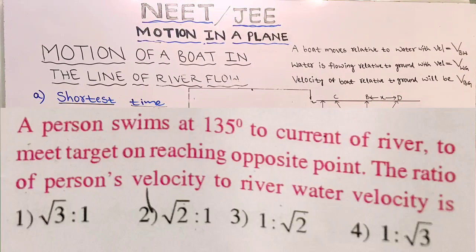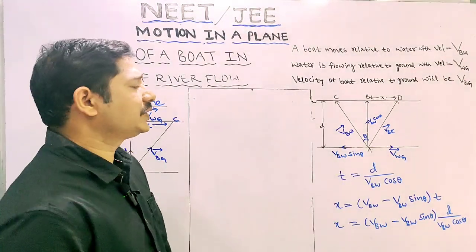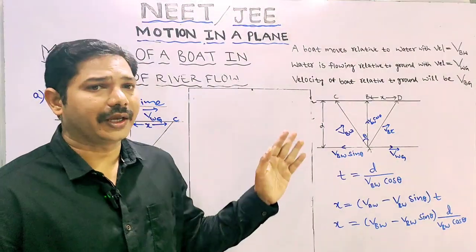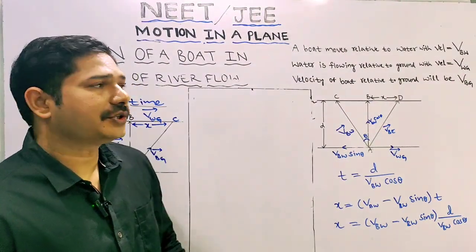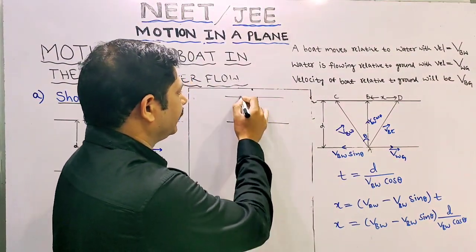A person swims at 135 degrees to the current of the river to meet the target on the opposite point. What is the ratio of the person's velocity to river velocity? So we know that to reach the target the person should aim at a certain angle.